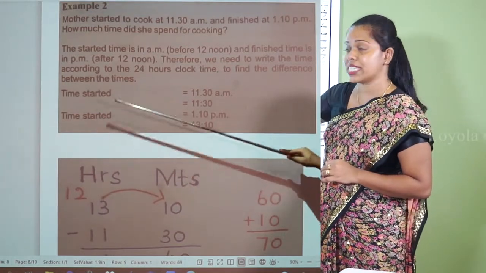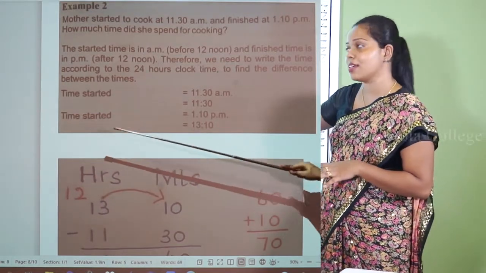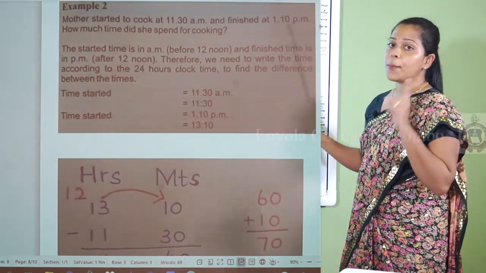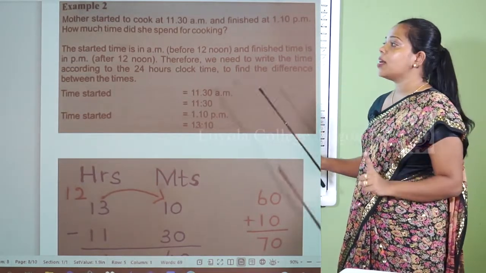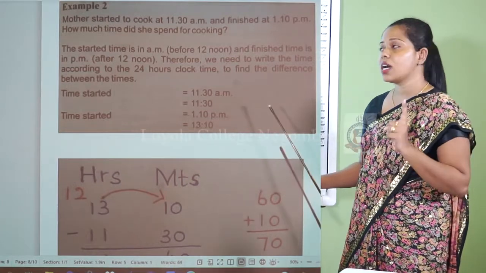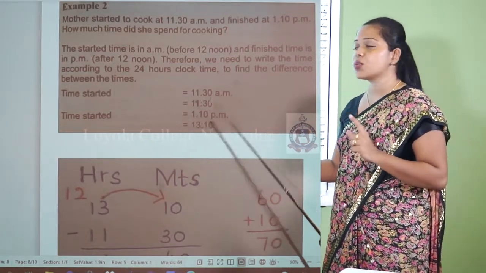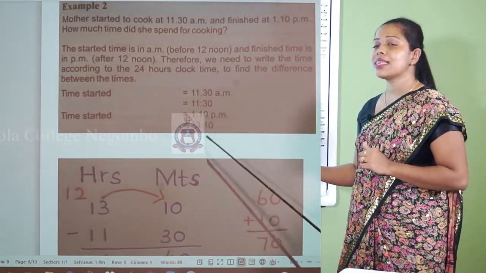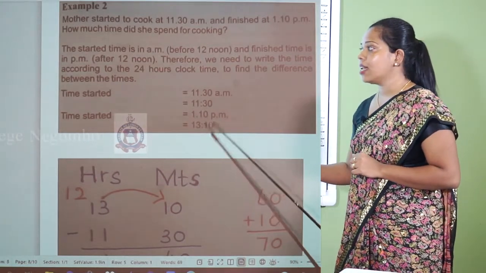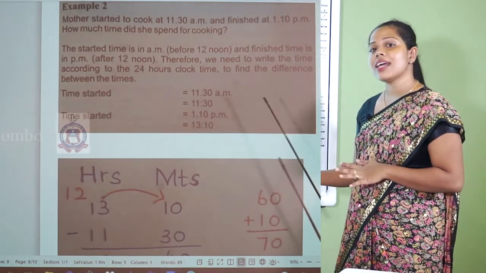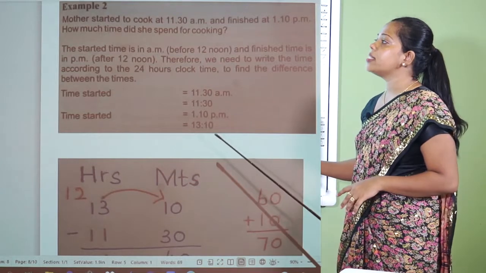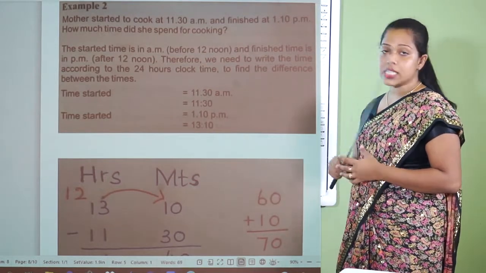It's a small mistake here, it should be time ended. So the time ended is 1:10 p.m. When a time is given in PM, I ask you to add 12 hours to that time. So 1 plus 12 is 13. 13:10. So now we converted the times into 24-hour clock time.